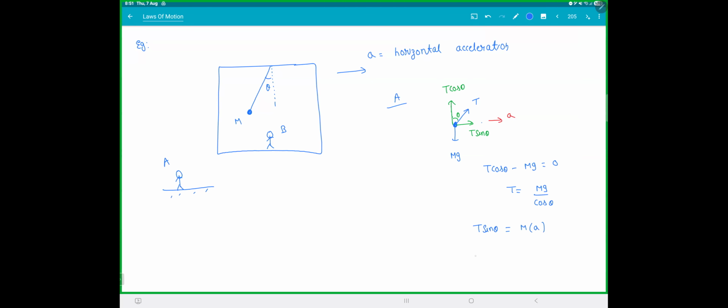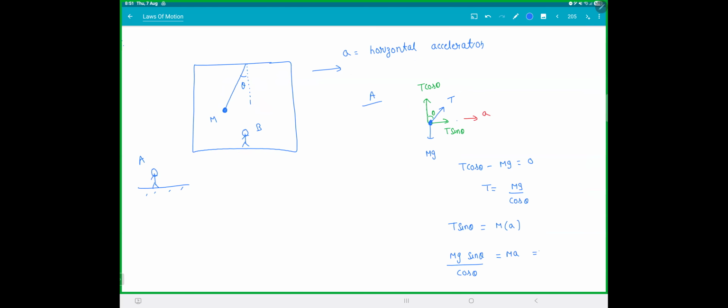Take T here and substitute. You end up with mg sin theta by cos theta is equal to ma. We get a is equal to g tan theta. Same question if you ask B to solve.